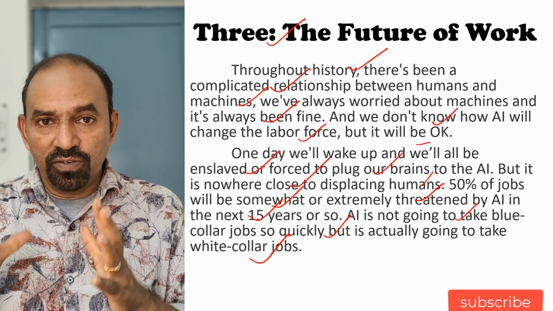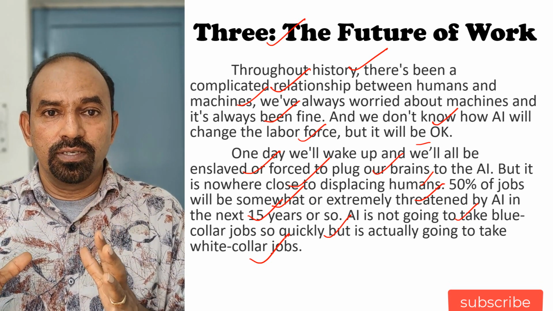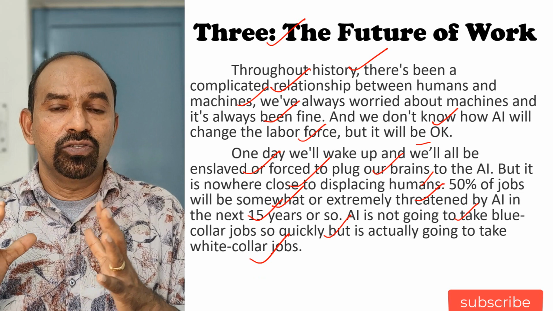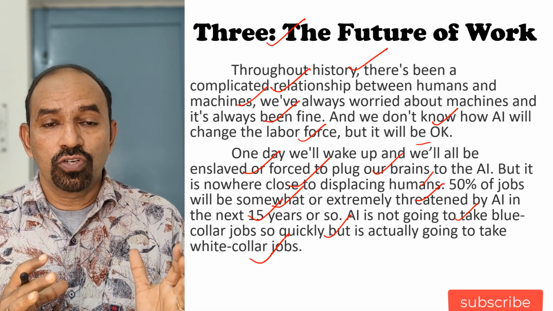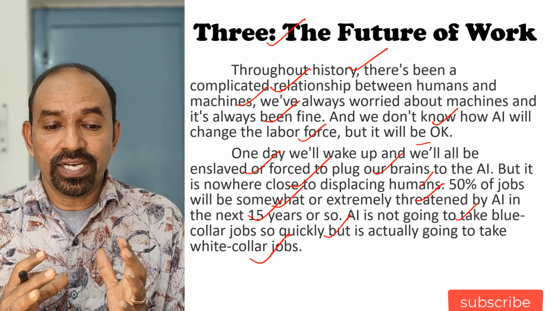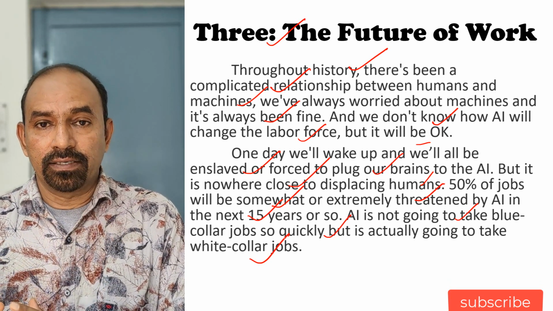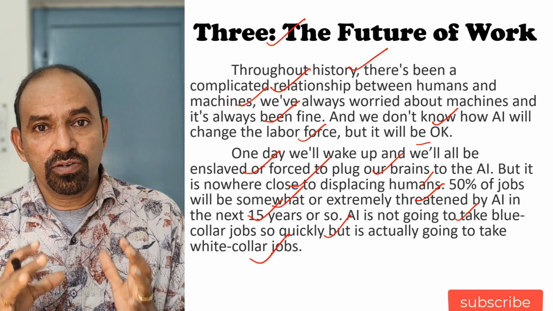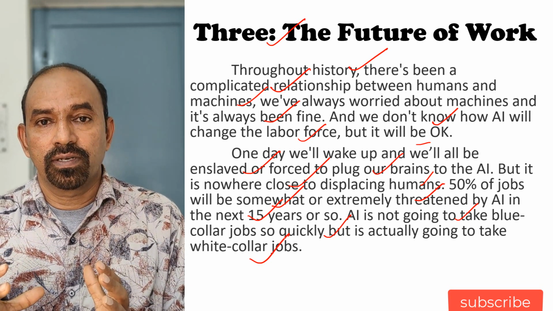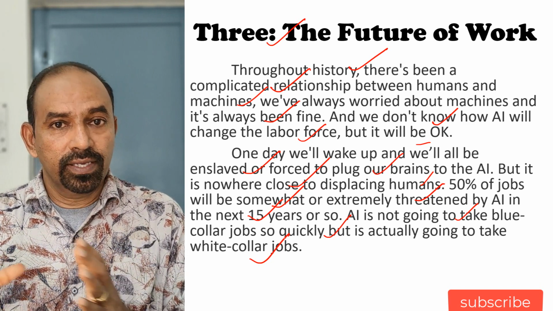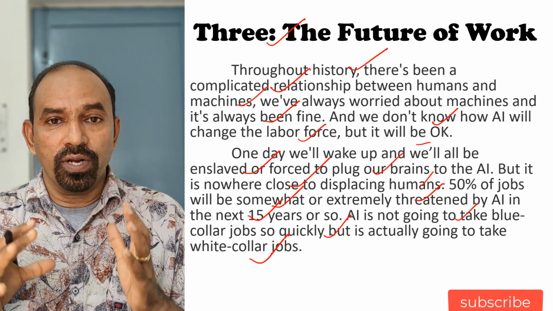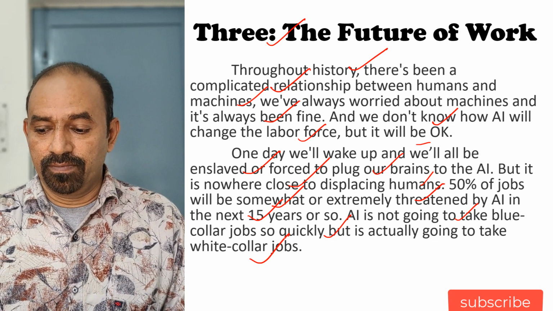Most of the white collar jobs can be done by these machines in the near future. According to the experts, within 15 years, 50% of the professions can be outdated or can be done by computers or AI-supported machines.